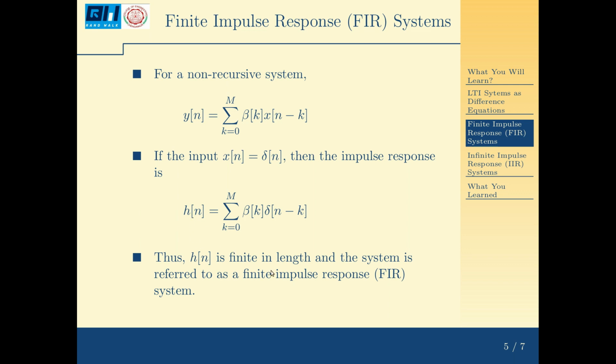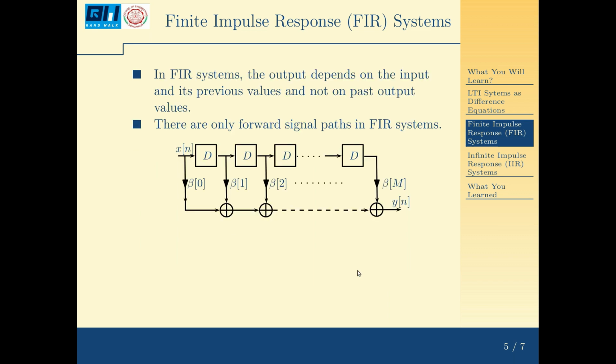So this is called an FIR system, or a finite impulse response system. In FIR systems, the output depends only on the input and its previous values, and not on any past output values. So there cannot be any feedback loop in the system. There are only forward signal paths in an FIR system.